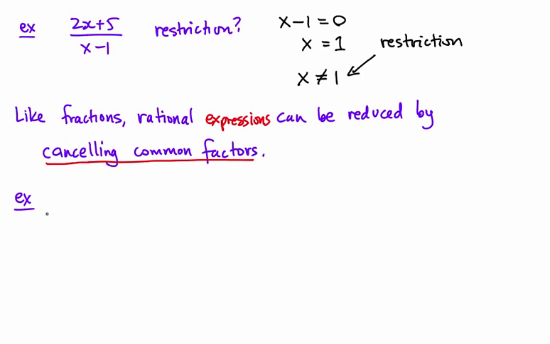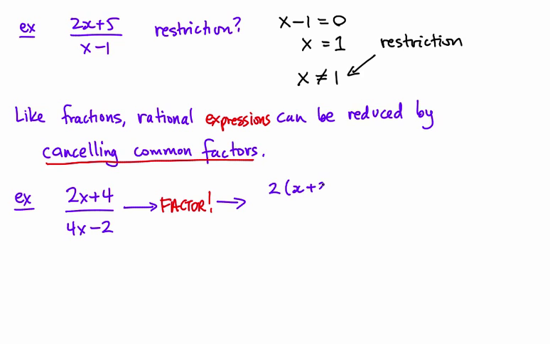For example, if I start off with 2x plus 4 over 4x minus 2, there is a way of making this more simplified, and the step that I have to do is factor. I'm going to factor the numerator, take out a 2, and factor the denominator, also take out a 2, and I can now see there's a common factor.